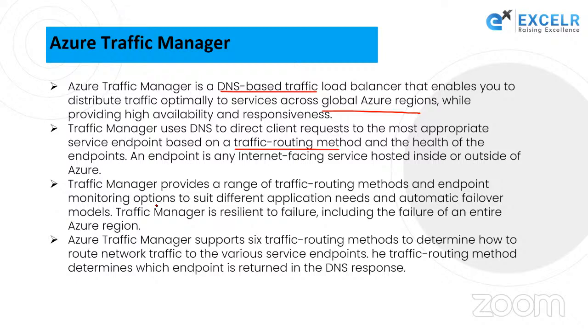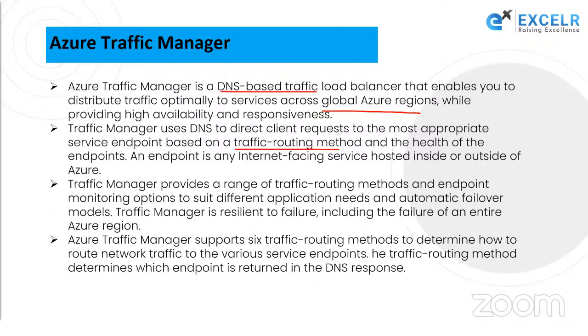It can also be some kind of automatic failover. So that is also available. Traffic manager supports 6 kinds of traffic routing methods, and that will determine how you are routing the traffic to that particular endpoint. So let us go and look at all the different rules.